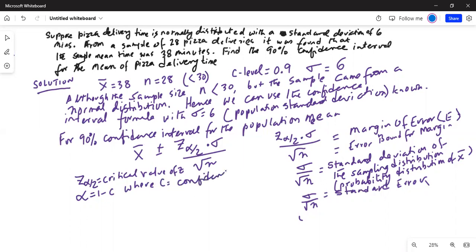So basically, alpha is the complement or opposite of C. This alpha is called the significance level. And in our case, alpha is 1 minus C, 1 minus 0.9, which is 0.1. So alpha is 0.1.